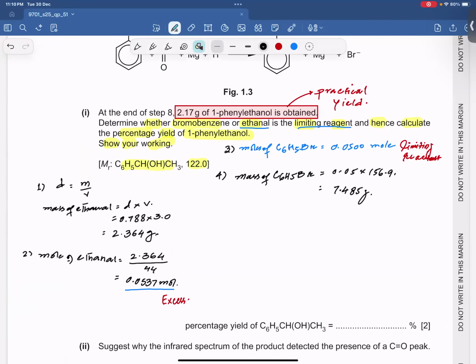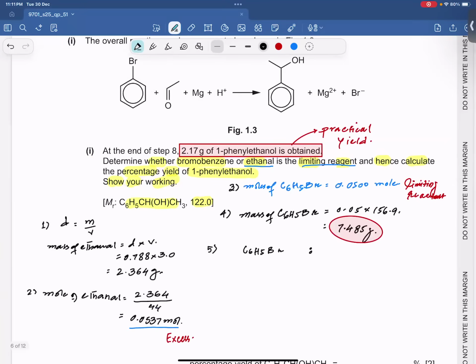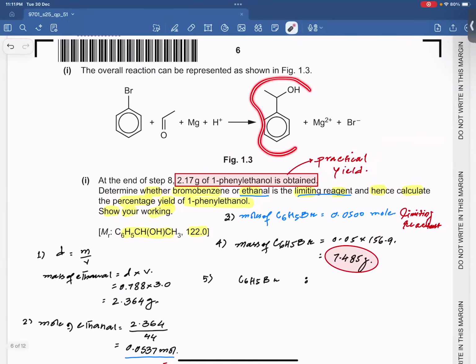The MR of that. Yes, that's the theoretical yield. Okay. Now in the next step, step number 5, C6H5Br and this 1-phenylethanol have a 1:1 ratio according to the equation.